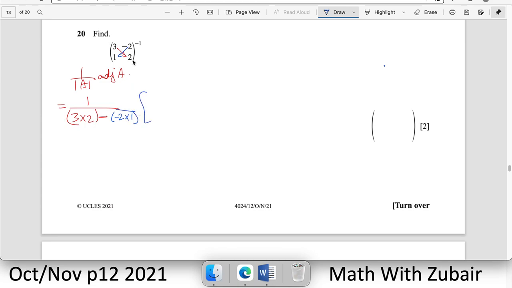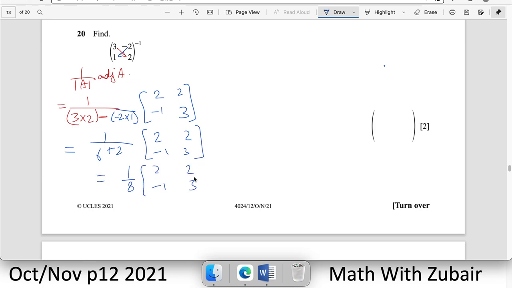And then we interchange 2 and 3, and on the other diagonal we change the signs of minus 1 and 2. So 1 by 8, with 2, 2, minus 1, 3. There's no need to bring this 8 below each number, you just write it as it is, 1 by 8.